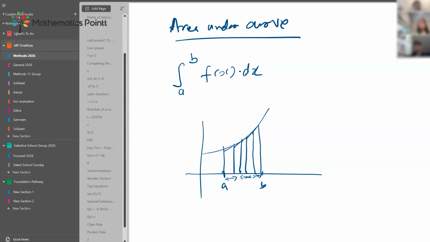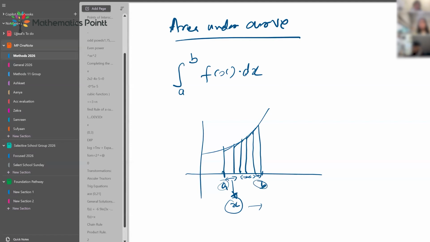I call this width x, right? Now, if I make this x value very, very small, that means I can create infinite trapeziums between the 2 points.